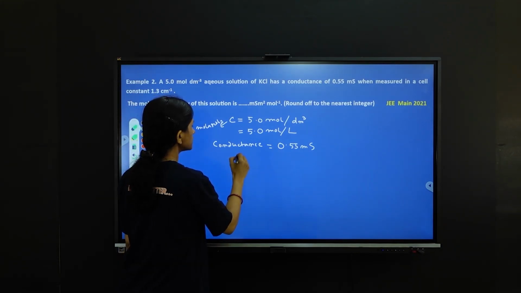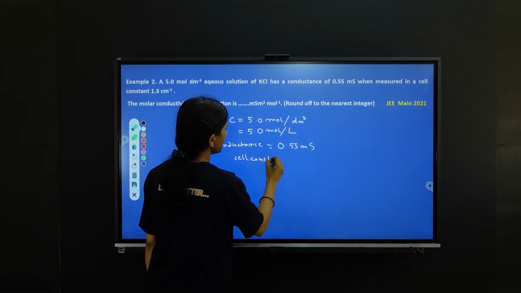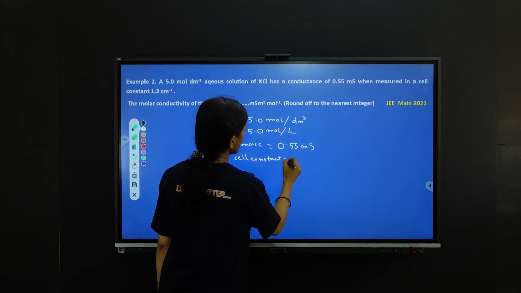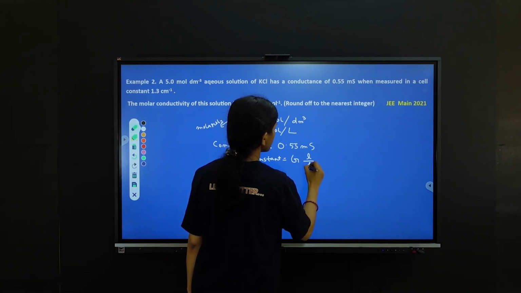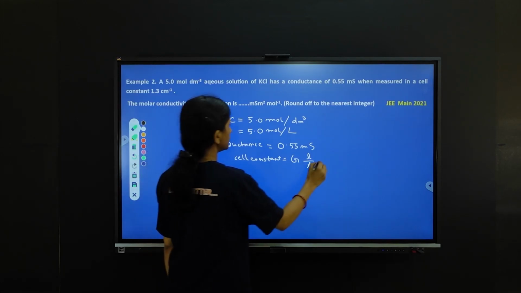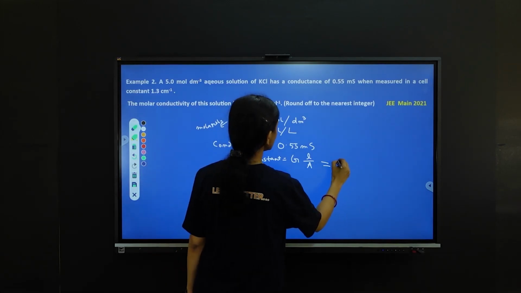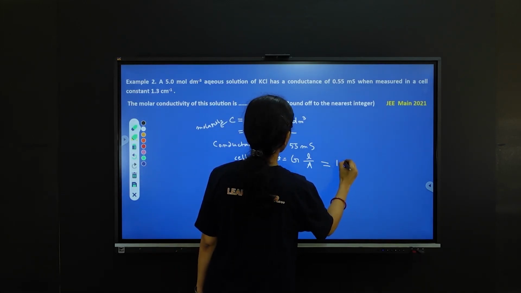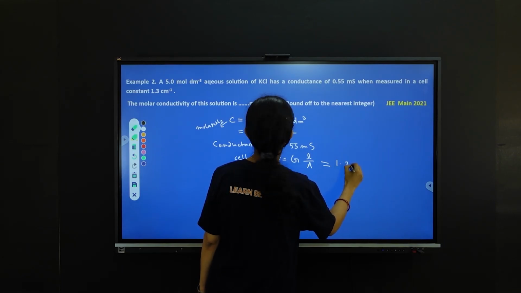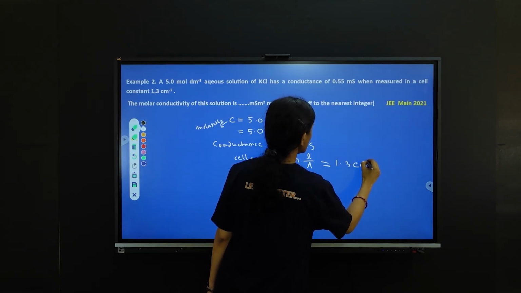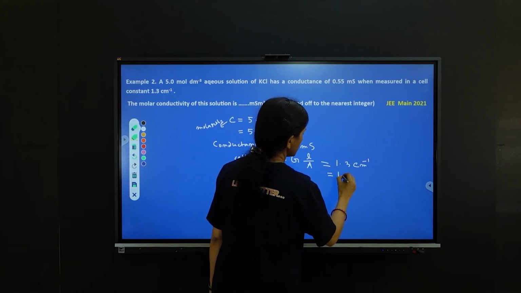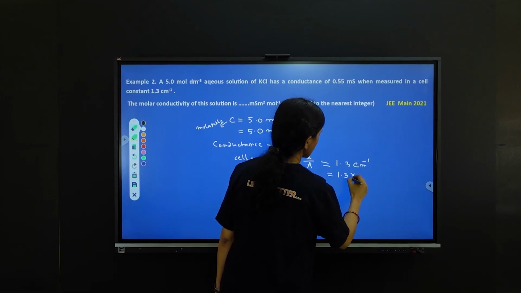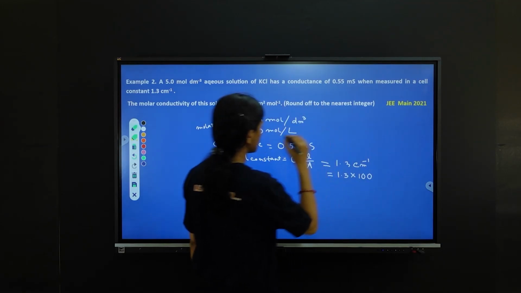So cell constant is nothing but l by A, right? And this is equal to 1.3 centimeter inverse, or you can write in terms of meter as 1.3 times 100.